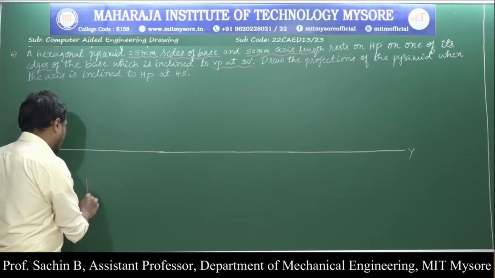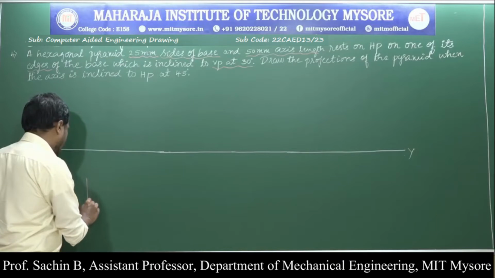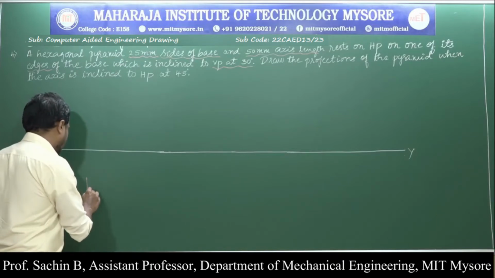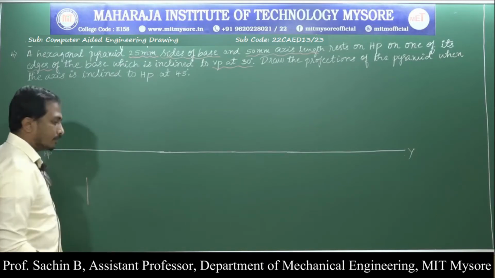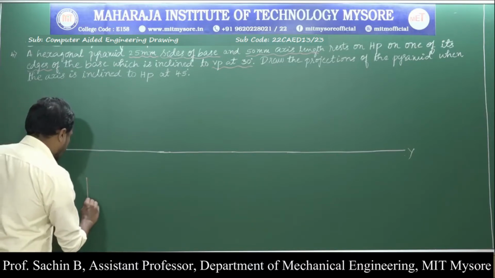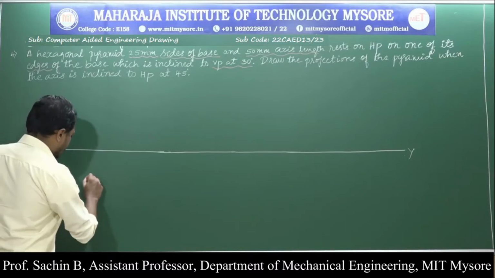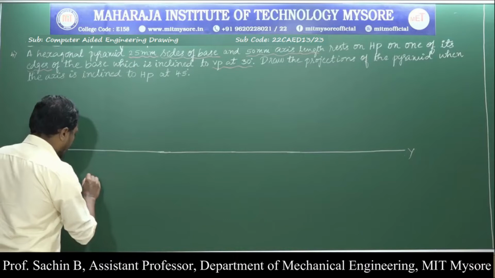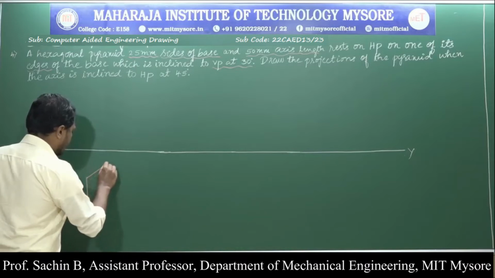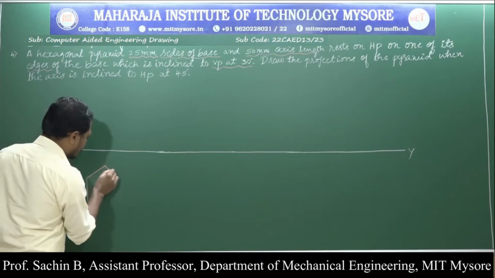With the line command, by drawing the lines, you can construct the hexagonal lamina. And one more way, by drawing a circle of the given side dimension, you can also draw the hexagonal lamina. That is also possible. I am drawing it directly now, of sides 25 mm.